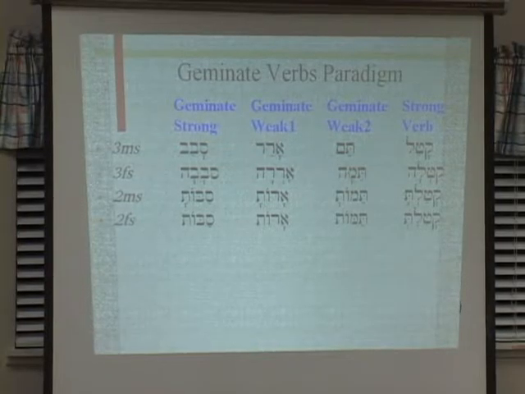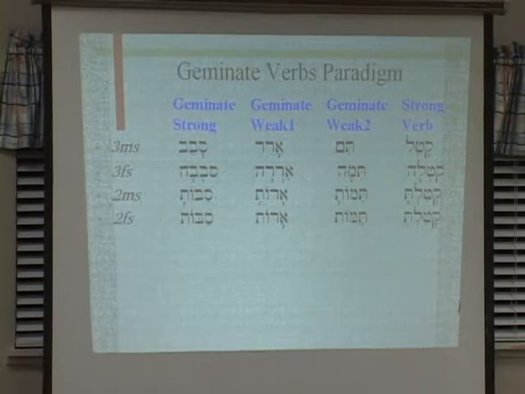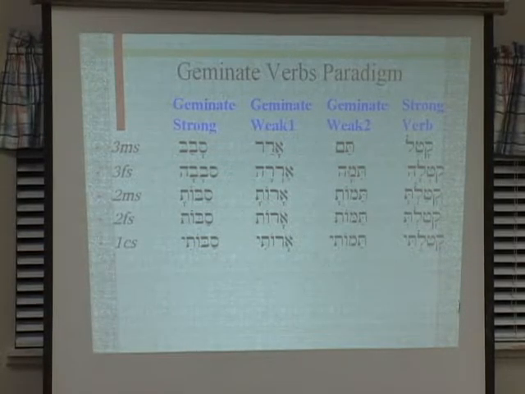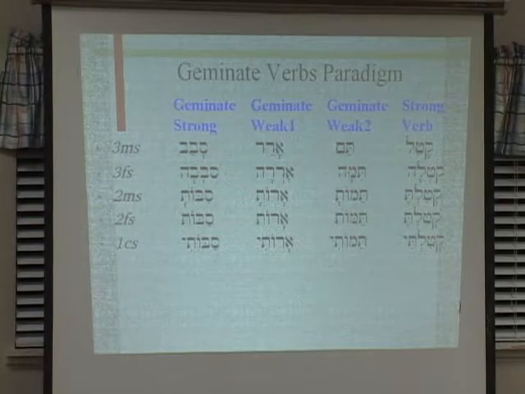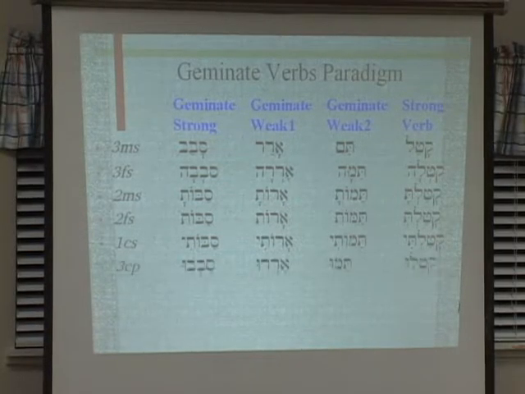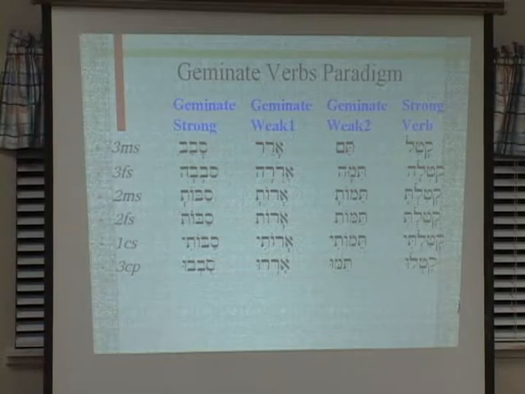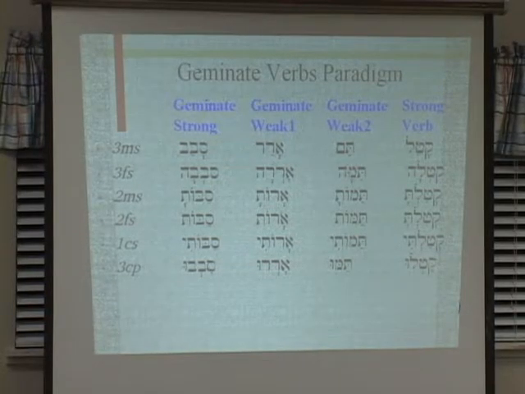The same for geminate weak first type. Arota, arot. There's some vowel points missing there, but it's not as important as the pattern itself. Saboti, first common singular. Sabu. See, somewhere these reduplicated bets actually jump out again.